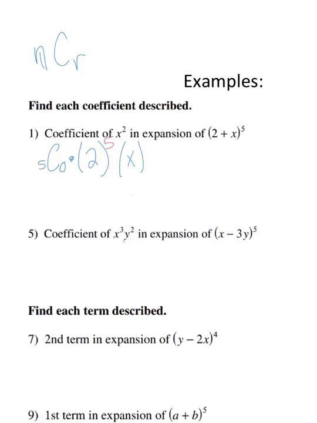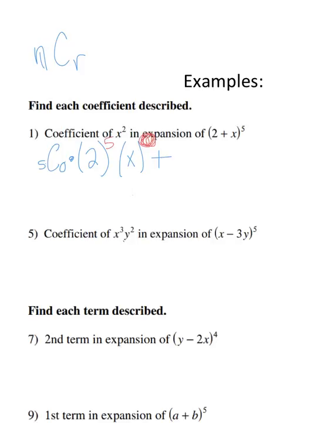That's going to get raised to the 0 power. Okay, 5 and 0 add together to make 5, which was my original power. I don't want these combined exponents to be anything different than 5 if I add them together.